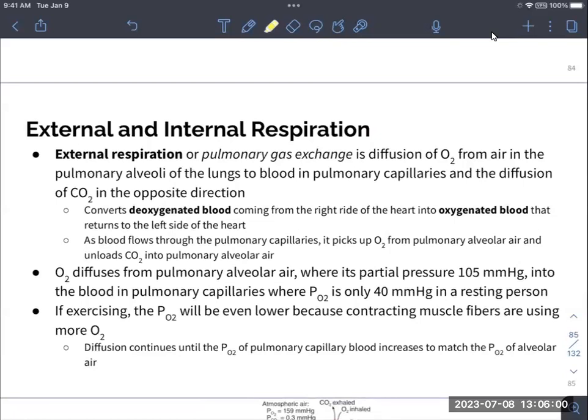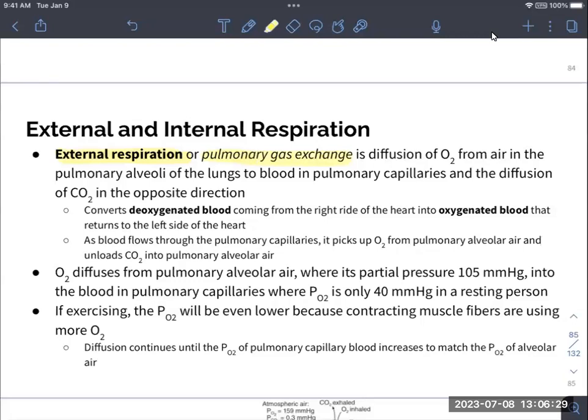So, external and internal respiration. External respiration, or that pulmonary gas exchange, is where that oxygen that we are breathing in will diffuse from that pulmonary alveoli in the lungs into the pulmonary capillaries, into those red blood cells.